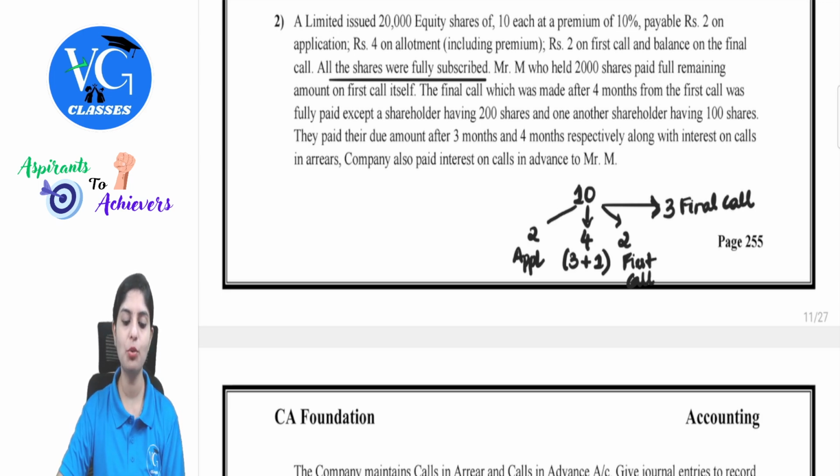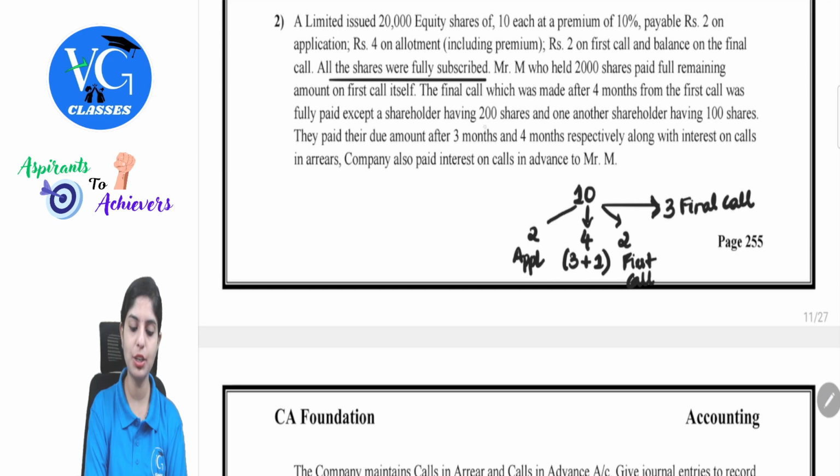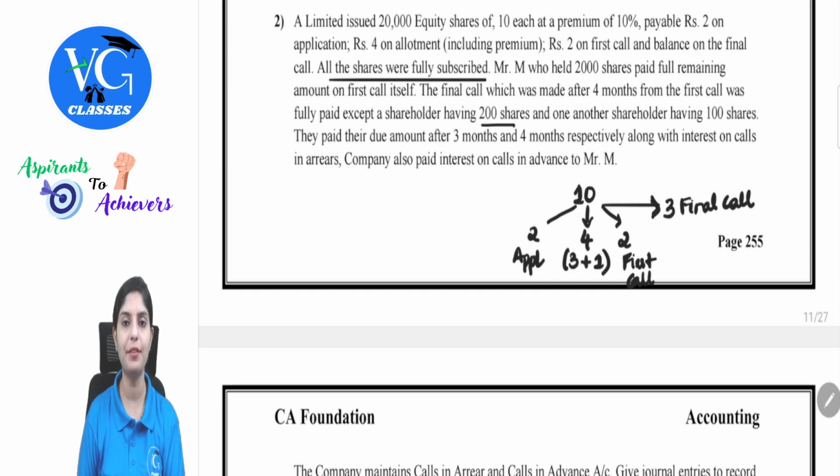But Mr. M, who held 2,000 shares, is paying this outstanding amount on the first call itself. The final call, which was made after 4 months from the first call, was fully paid except a shareholder having 200 shares and one another shareholder having 100 shares. They paid their due amount after 3 months and 4 months respectively, along with interest on calls in arrears.